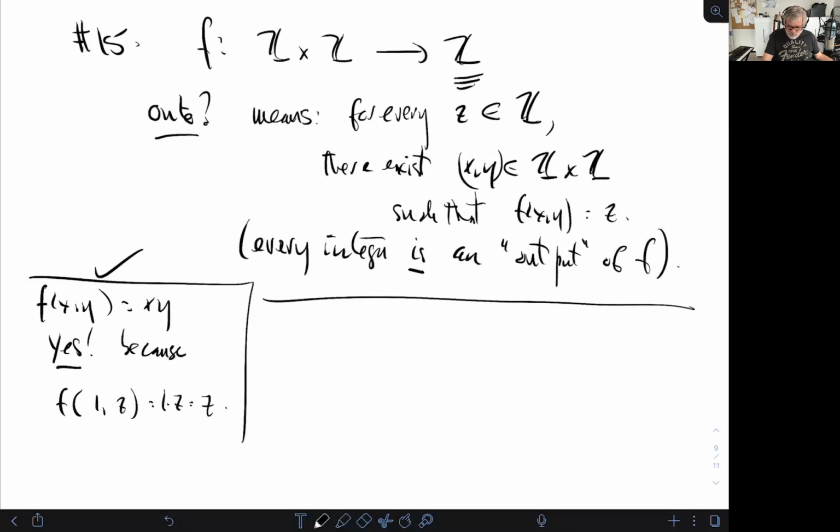Okay, so let's take a look at f of m, n, and it doesn't make any difference. F of m, n is by definition m plus n. Is that onto? Can you output anything you want?